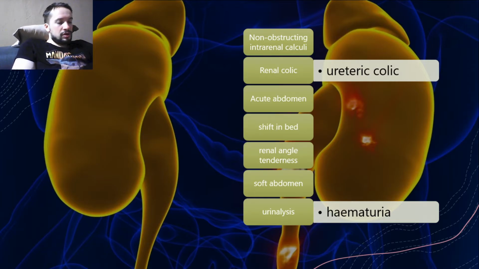Clinical examination in renal colic tends to be rather unremarkable. Patients may have renal angle tenderness but have a soft abdomen with no signs of peritonism. A urinalysis often demonstrates hematuria, but this is not diagnostic as it may be absent and can also be seen in other conditions.